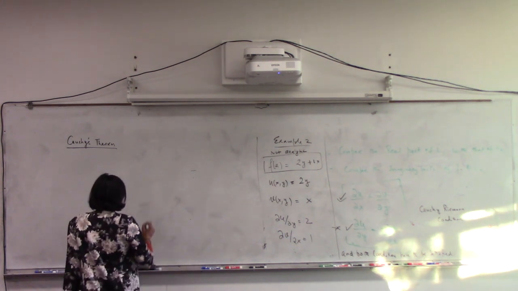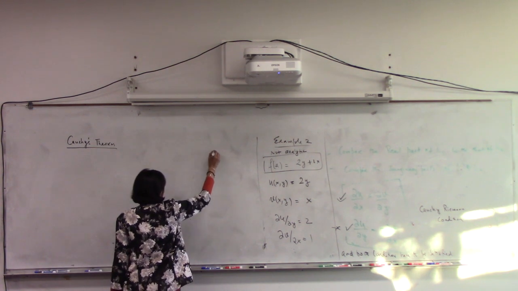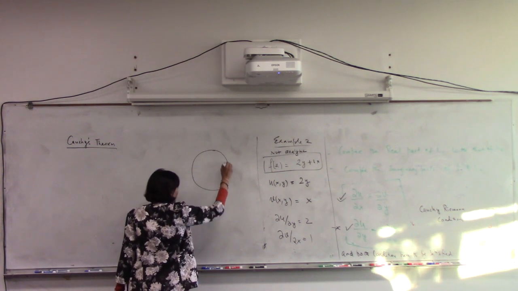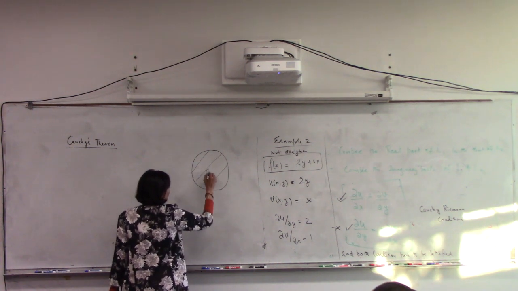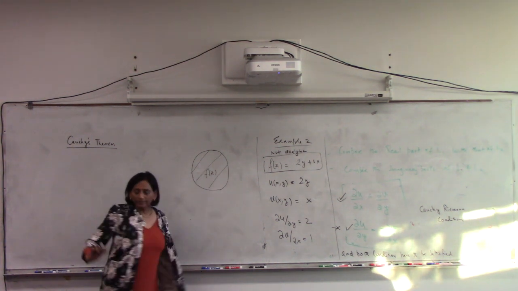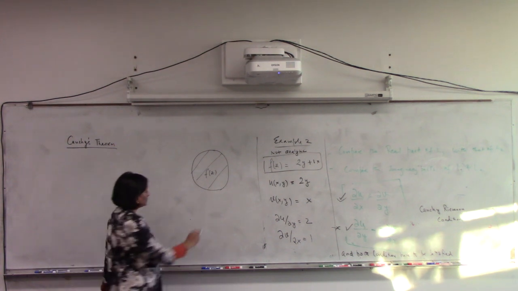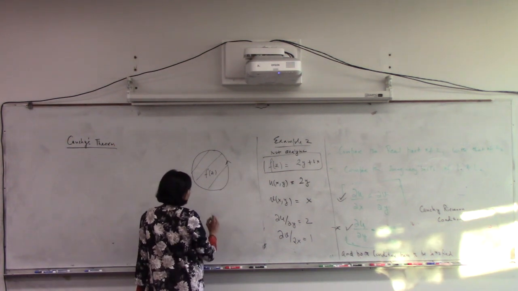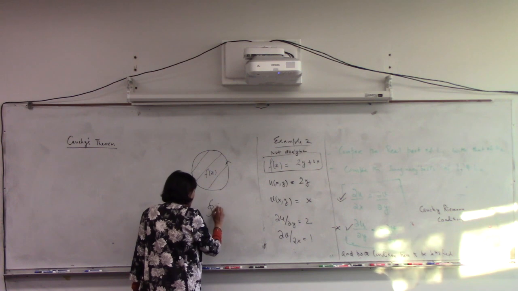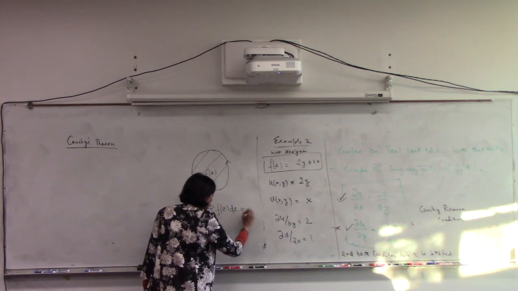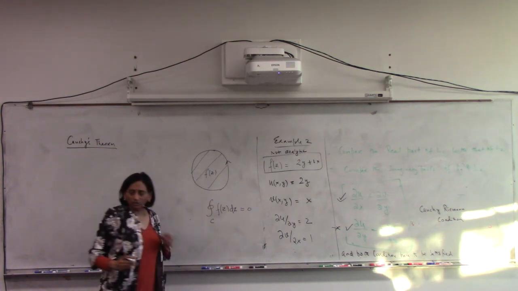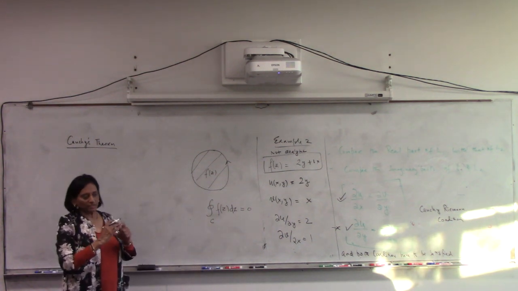Okay. So what it tells you is the following. If f of z is analytic in a given domain and also on the contour C, then the contour integral of f of z dz is equal to 0. Okay, the contour integral over a closed curve, that's it.